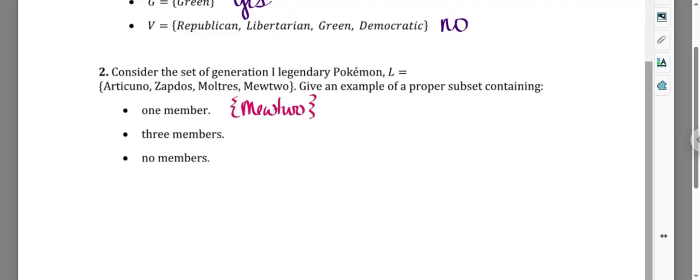For three members, any of the three. There are no members.